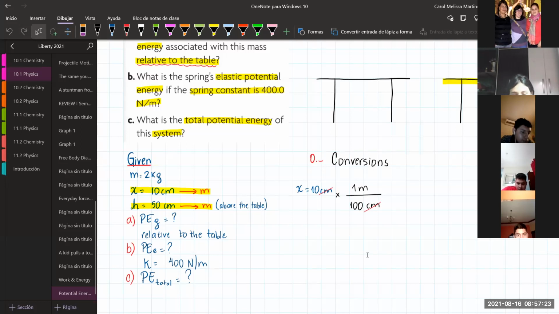This will give you 0.1 meters. h is 50 centimeters. You multiply times the conversion factor, that in 1 meter you have 100 centimeters. You cancel centimeters with centimeters, and this gives you h in meters, equal to 0.5 meters. That is going to be step 0.